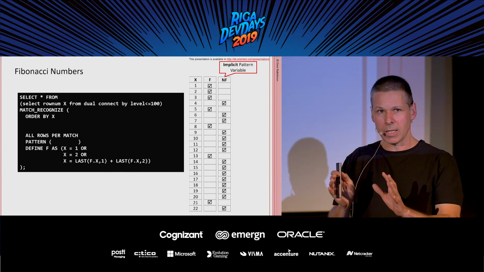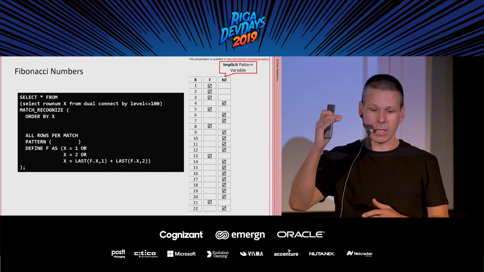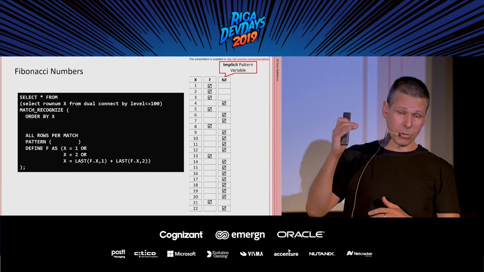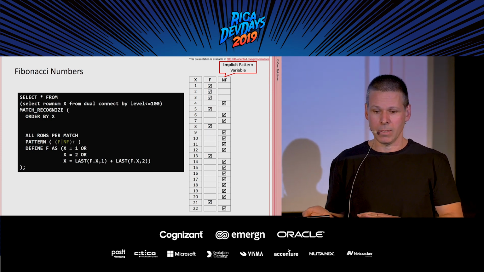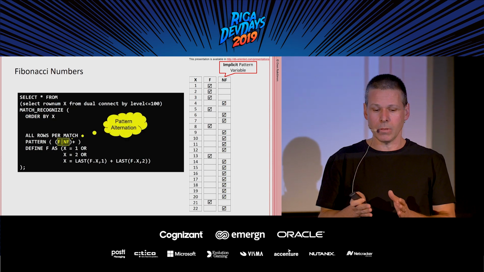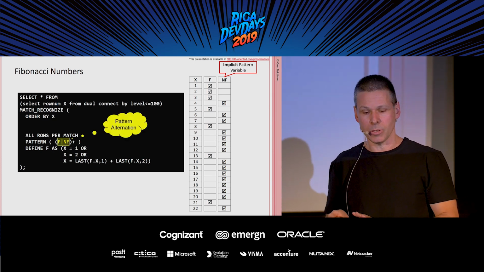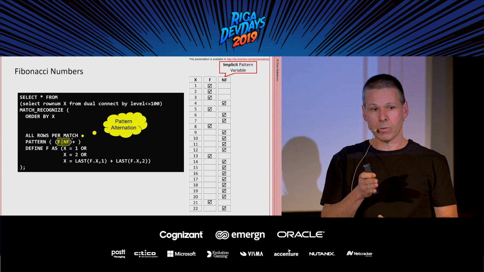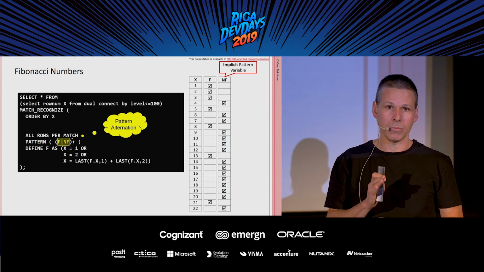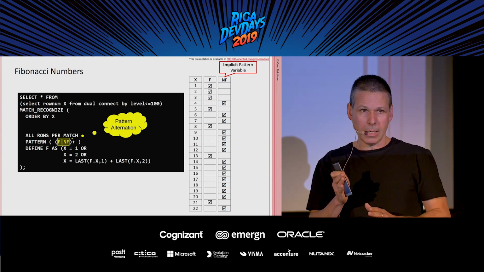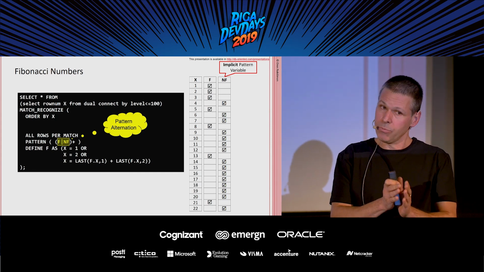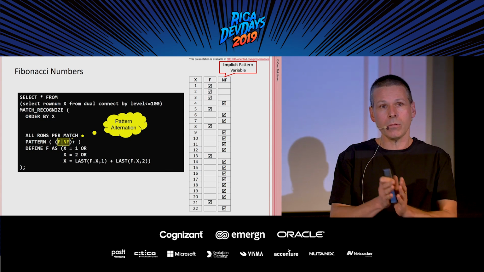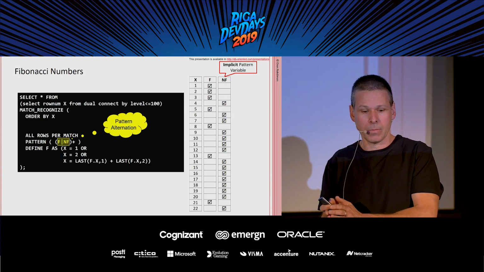So actually we are looking now for a single match that contains all the records, and each record is marked either as an F or an NF. And we do it using pattern alternation. F or NF, using pipe for or. And the order is important. If the record can be classified as an F, it will be an F. Only if not, it will be NF.